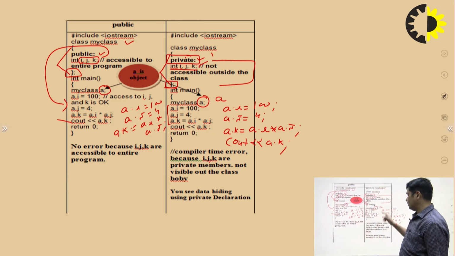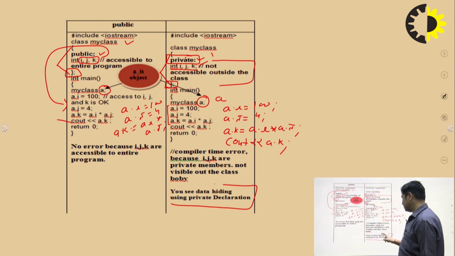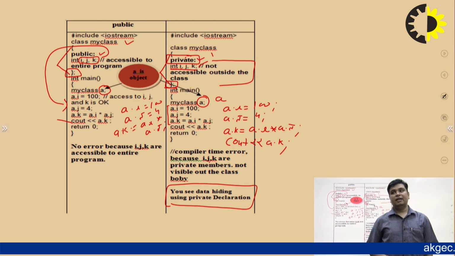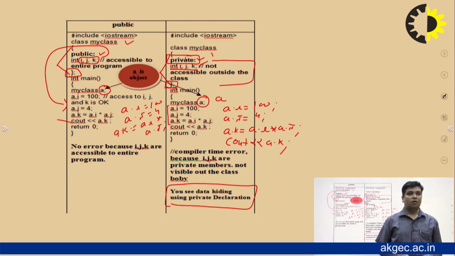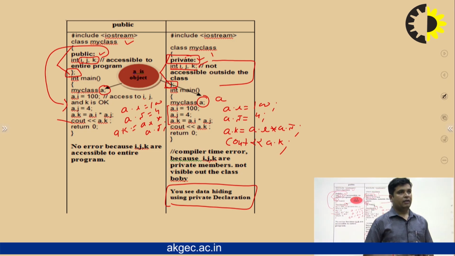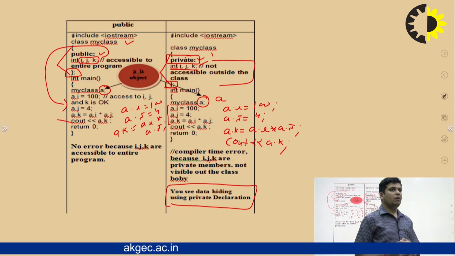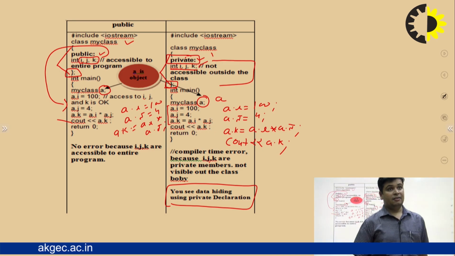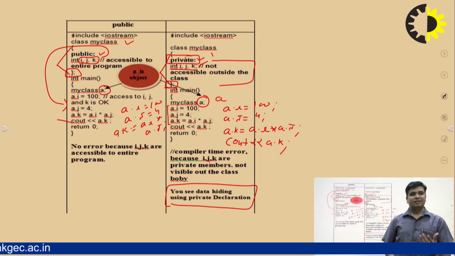You will see here, you can see the data hiding using private declaration. How can you achieve the data hiding? You can achieve the data hiding with the help of private data members. So I have made you aware of the public and private concepts and their access specifiers in C++.